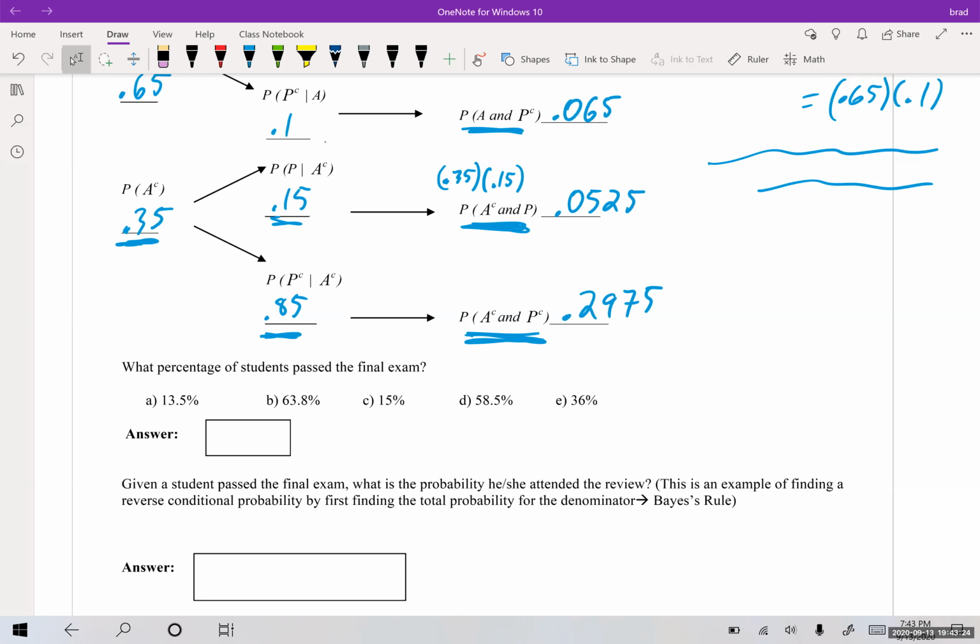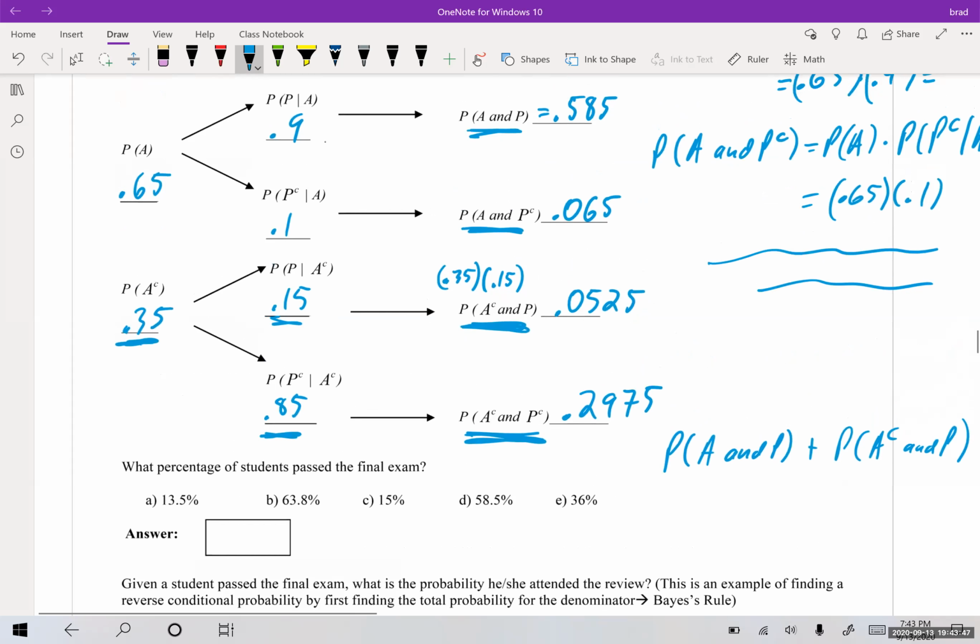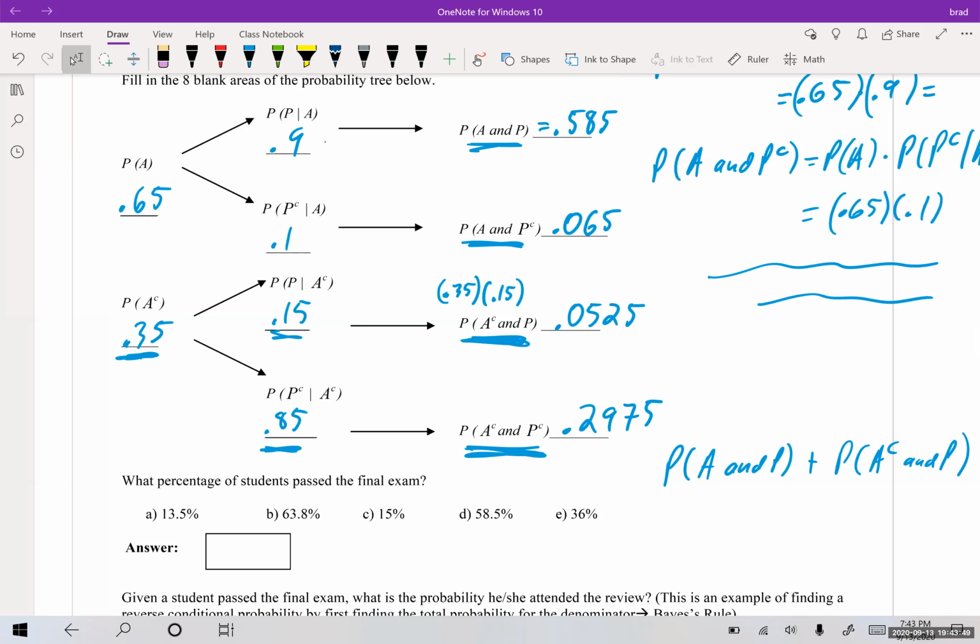Well, what we have to do is find the probability of the students that attended and passed. But are there a few people that may have not attended and still passed? Yes, so I have to count them. Probability of not attending and passed. Let's see if we have that. Probability of passing would be this one and this one.